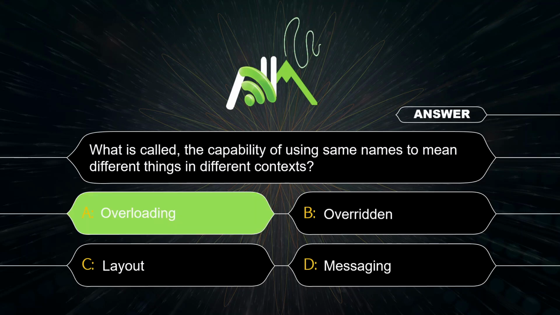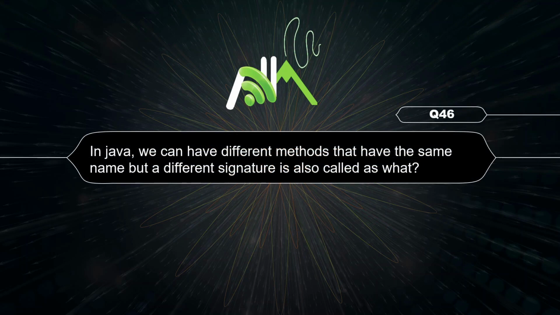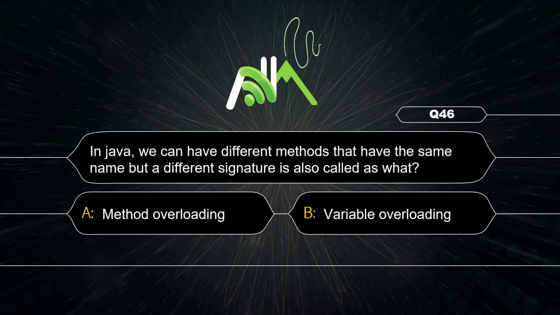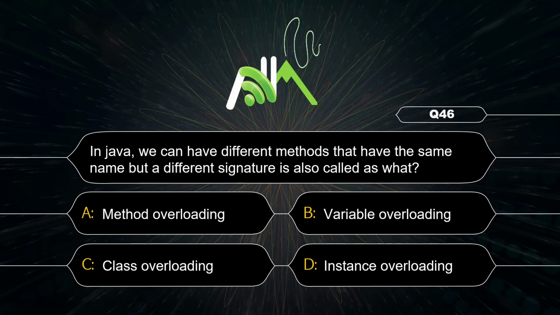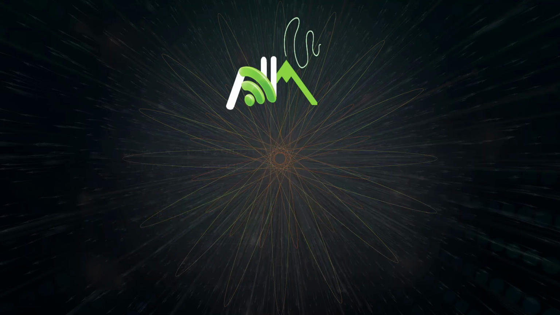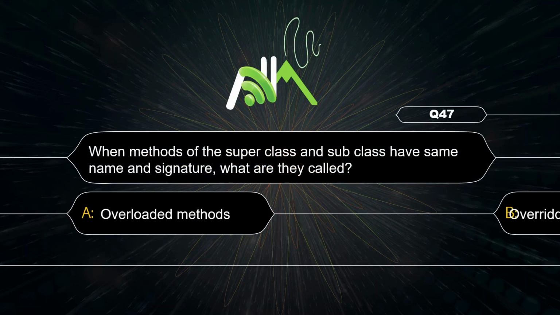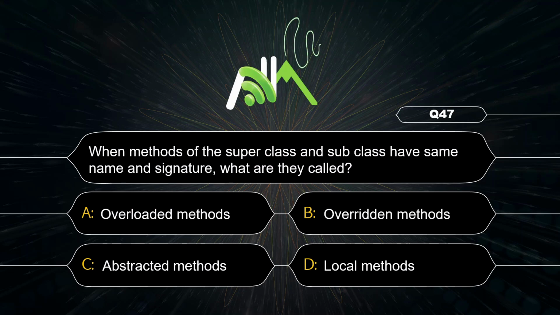Option A. We have different methods that have the same name but different signatures, that is known as method overloading. When the methods of a superclass and subclass have the same name and signature, they are called overridden methods. Option B.